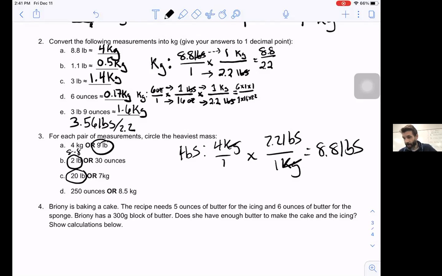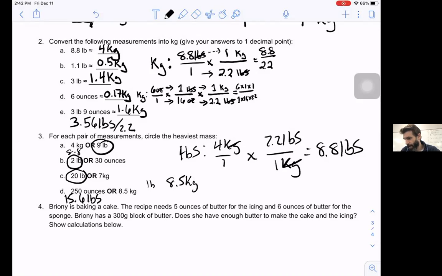I don't know. So let's try this out. 250 divided by 16. This is 15.6 pounds. And 8.5 times 2.2 is more than 15.6. So, right, so 8.5 kilograms.